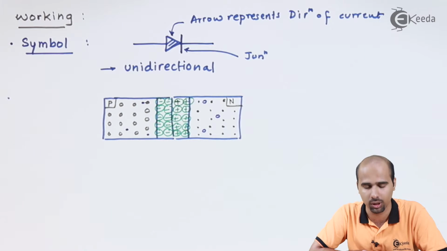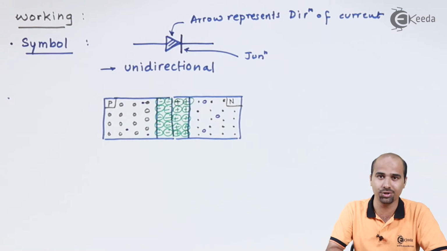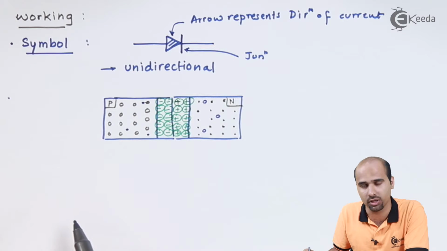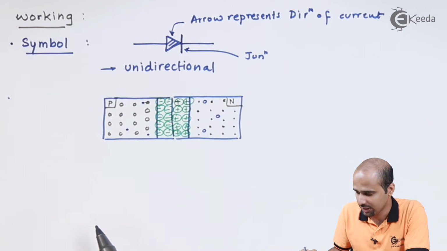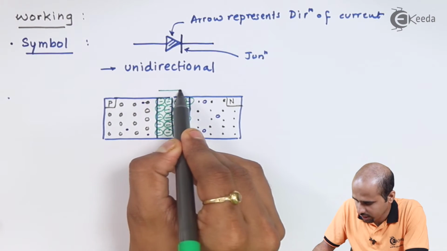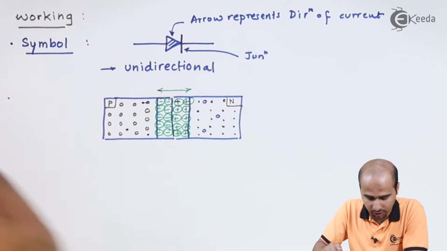Now what will happen with the internal potential of this particular junction of the diode? This junction has one potential difference.